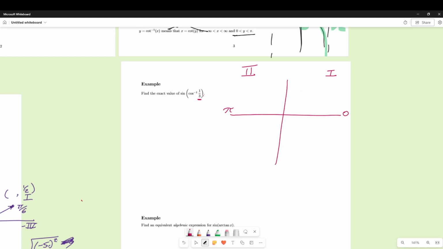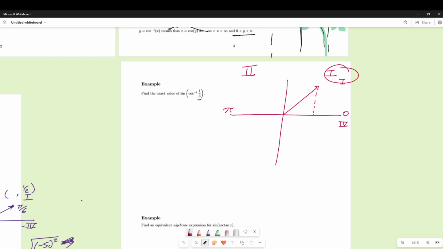And we know cosine is only positive in quadrant 1 and quadrant 4. So the positiveness of the ratio tells us we have to be in one of these two quadrants. The cosine inverse tells us we have to be in one of these two quadrants. The only place they overlap is here in quadrant 1. So that means we have some angle over here in quadrant 1 such that the cosine is outputting a 1/3.